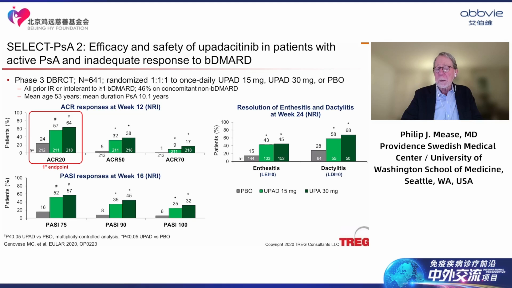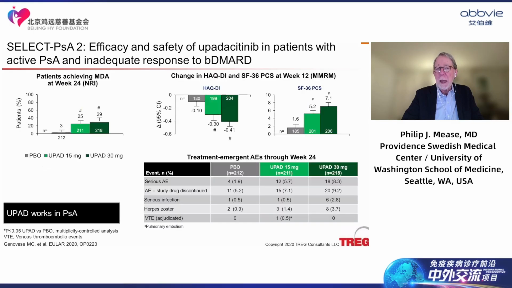In these phase 3 psoriatic arthritis trials, it's not typical to try to measure spine disease, and so that was left to the axial spondyloarthritis studies. Before I get to that, I just want to show you one measure, which is known as minimal disease activity, which showed improvement in about 1/4 of the patients where they got to a very low disease activity state.